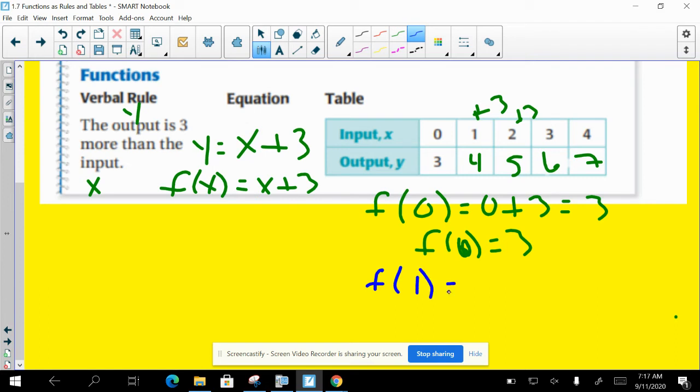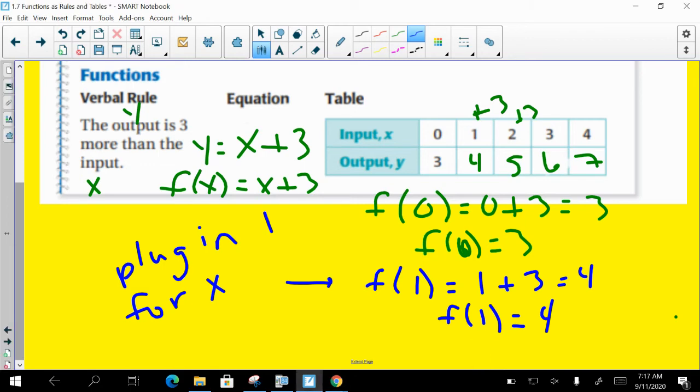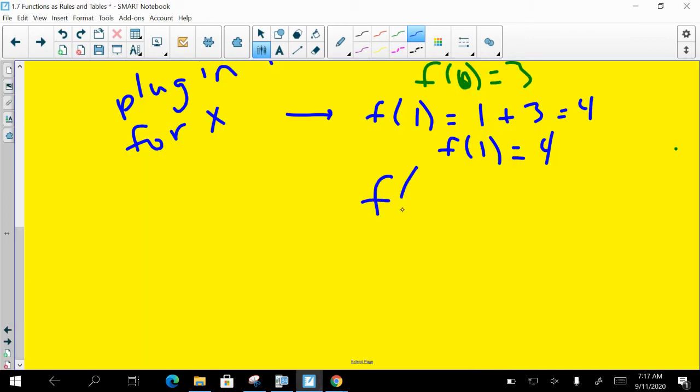F of 1, we would just plug in 1. This means plug in 1 for x. So this would be 1 plus 3, which is 4. So f of 1 equals 4. And extending the page, f of 2 would be 2 plus 3, which is 5.